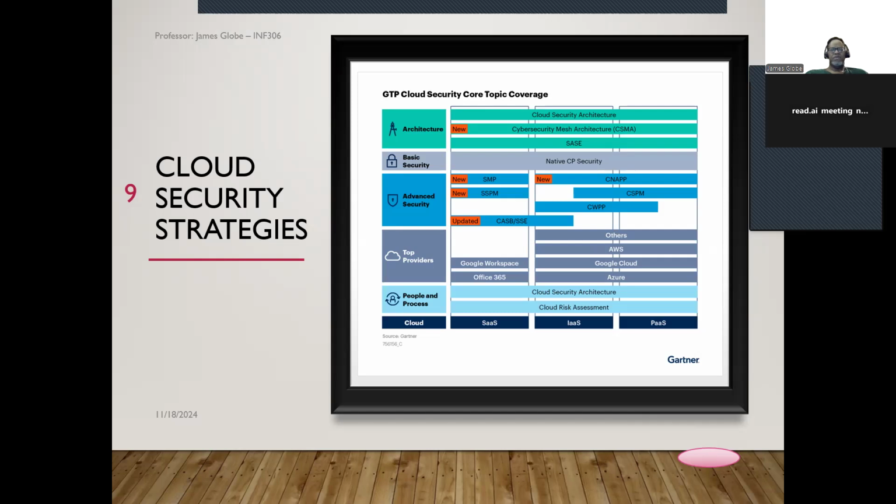You need to identify and provide access control to your people as they go into the cloud environments, as you utilize your cloud providers' native services, whether it's Office 365 or Google Workspace, providing access control to that.